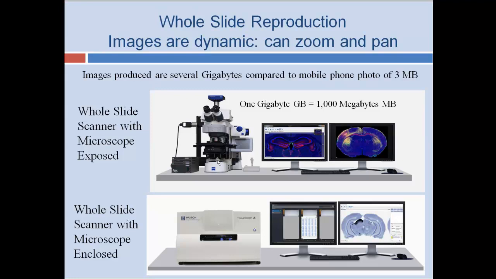And then when it's all done, the computer software fuses all those images into a large specimen that could be up to 1,000 megabytes or 1 gigabyte. Now, if you take a picture with your mobile phone, it's probably not going to be much larger than 3 megabytes. So there's a perspective for you.